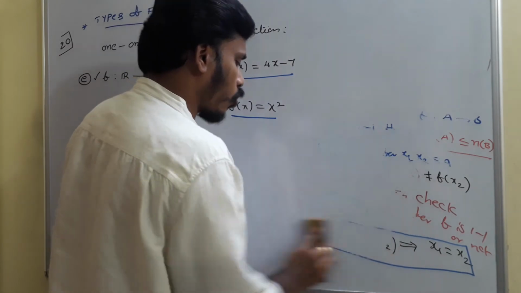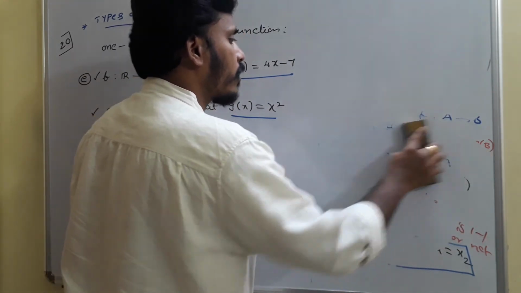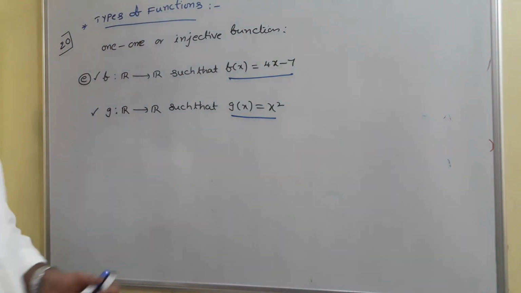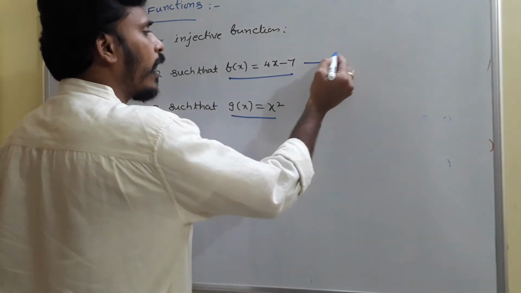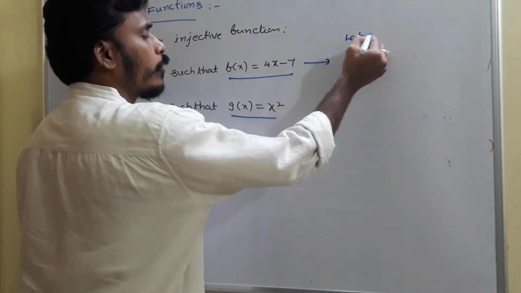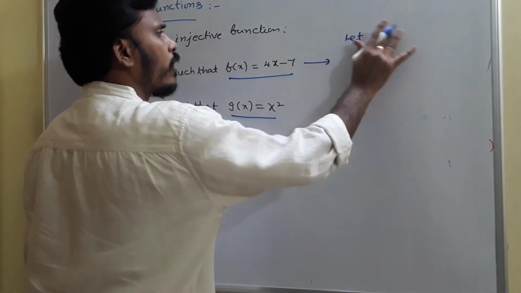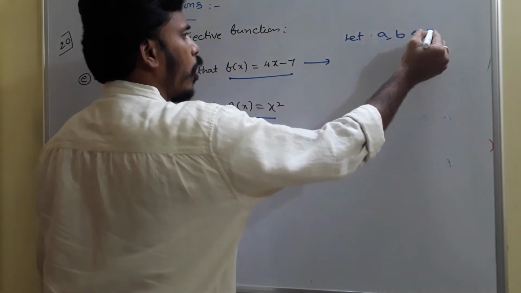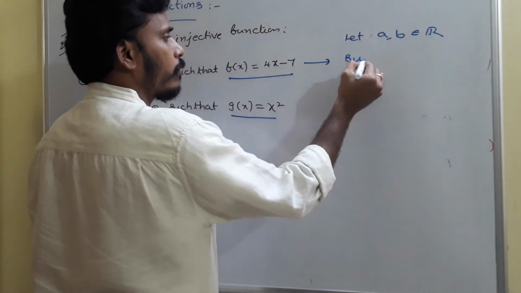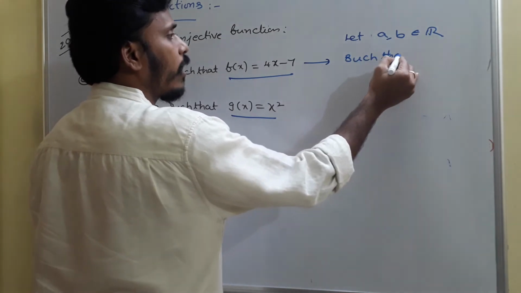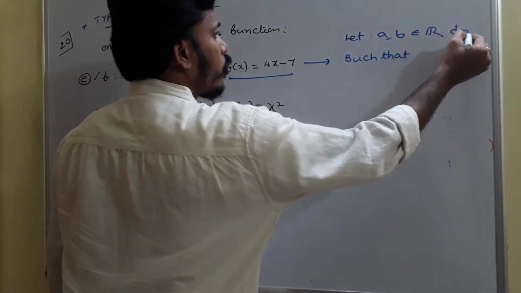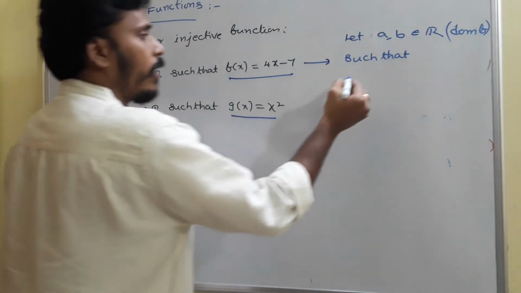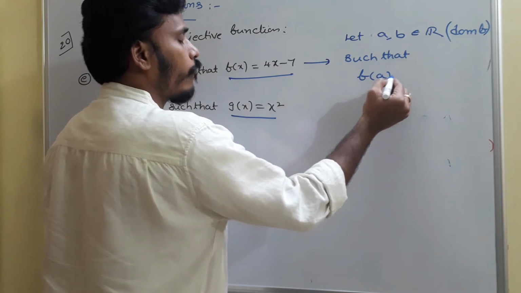And now I am going to solve the first one and then the second one, whether they are one-one or not. Okay. Now, just look at the first problem. You just take two numbers, not only x1, x2, you may take a, b also. Take a comma b belongs to R, which is simply the domain of f, such that f of a is equals to f of b.